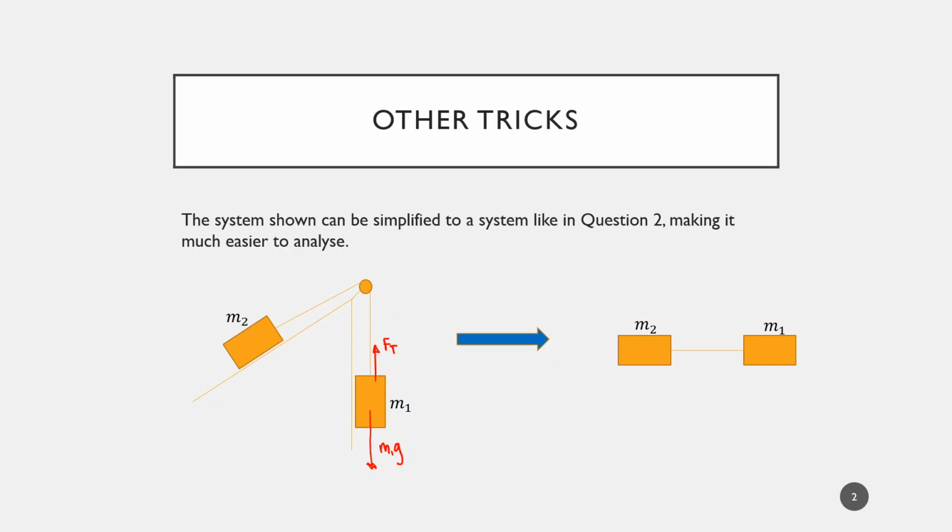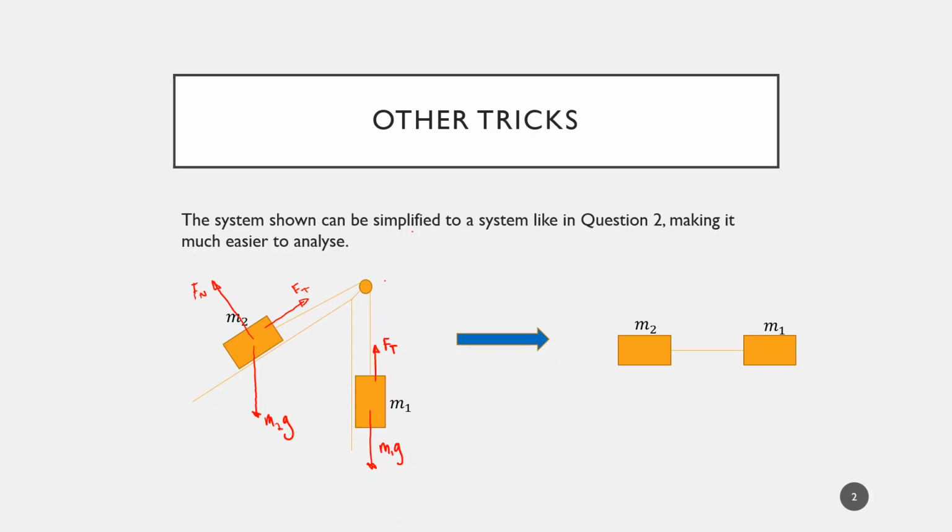Looking at M2, there is a force of gravity also pulling it straight down, and we're going to call that M2G. And it's being pulled up this slope with the rope so that there's tension there. We're calling that Ft. And there's also a normal force acting on this mass pointing perpendicular to the surface, which we're going to call Fn.